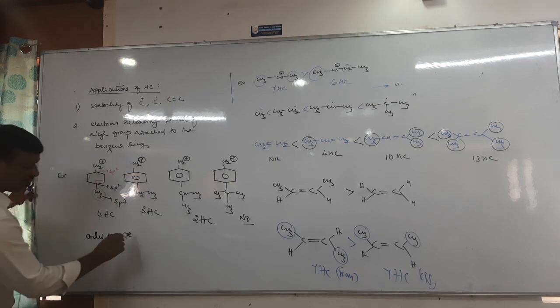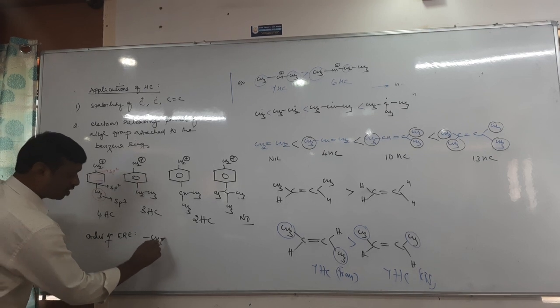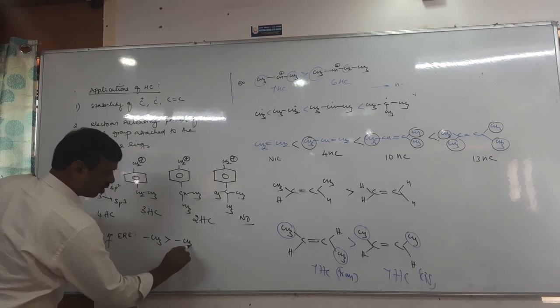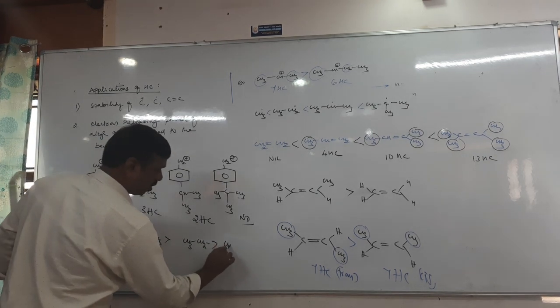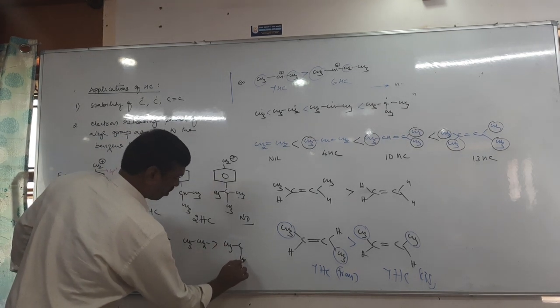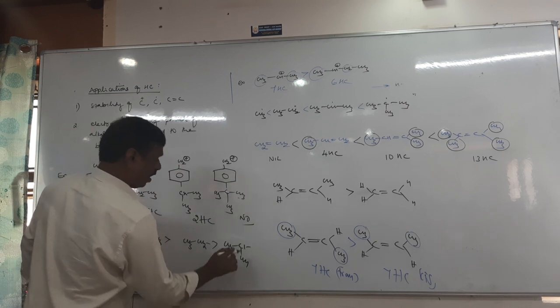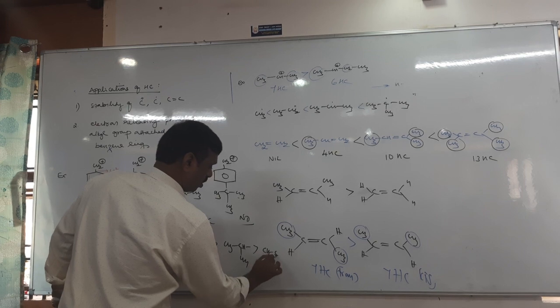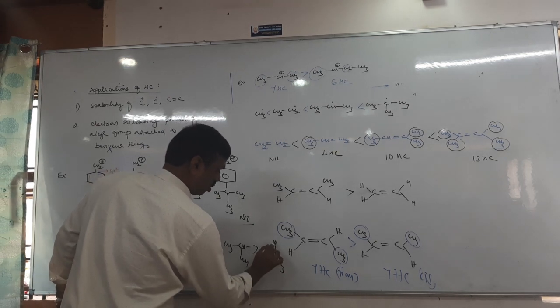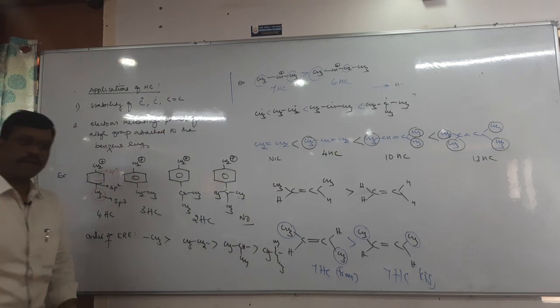So what is the order of electron releasing effect? Methyl group is more than ethyl group, then propyl group, then tertiary butyl group. Okay.